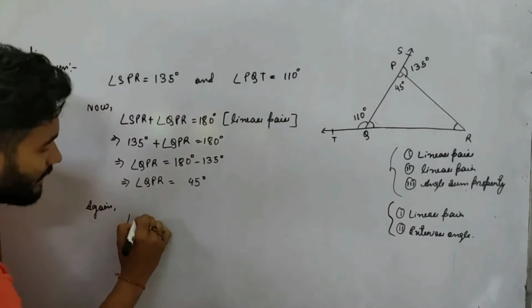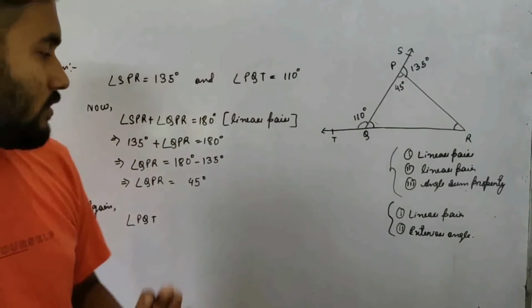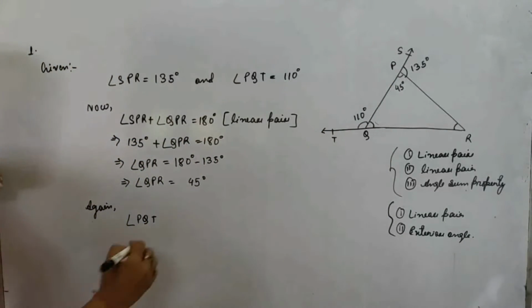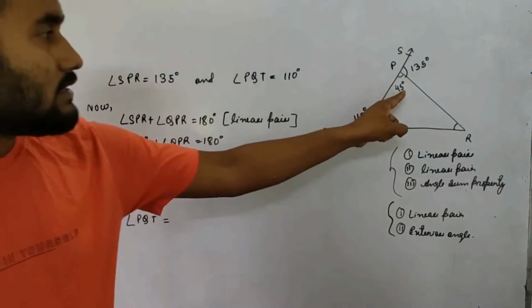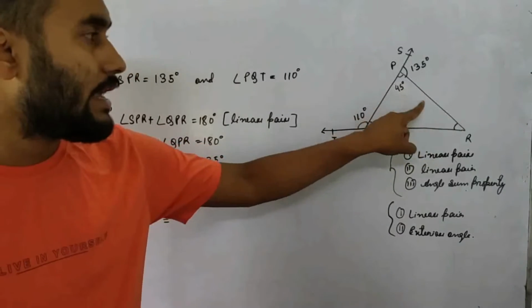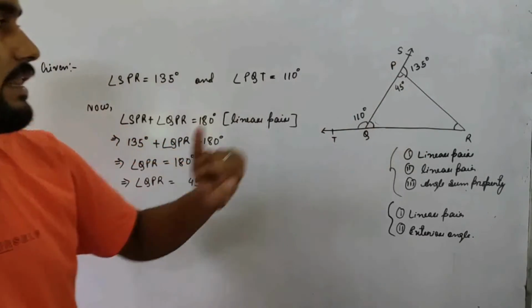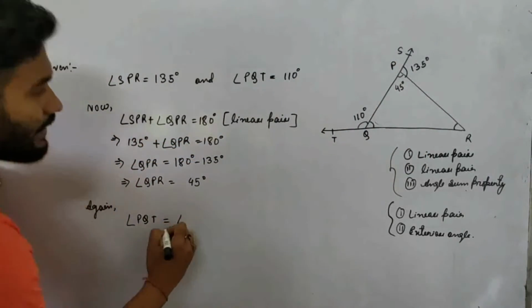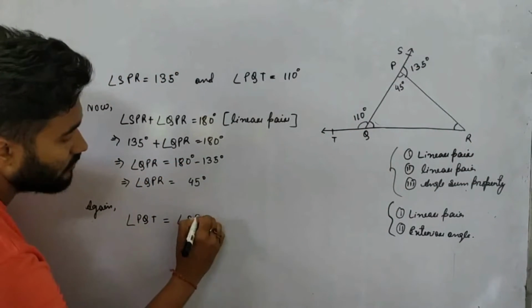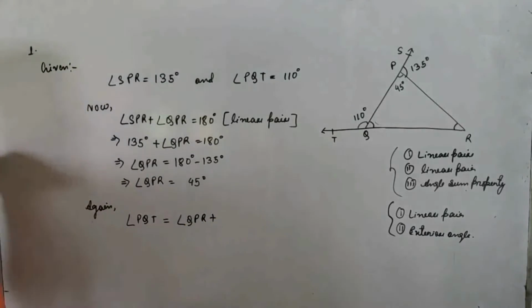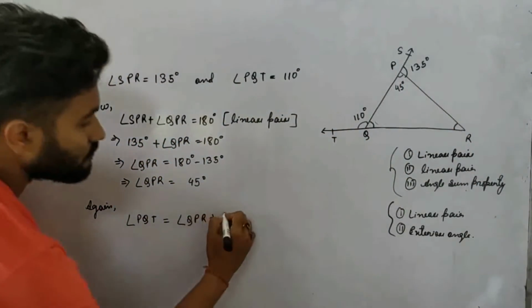But if you write TQP also, that is also correct. Okay. So again angle PQT, that is the exterior angle, will be equal to the sum of the remote interior angles. This is the adjacent angle. So the sum of the remote interior angles will be equal to angle QPR plus angle PRQ. This one we have to find.